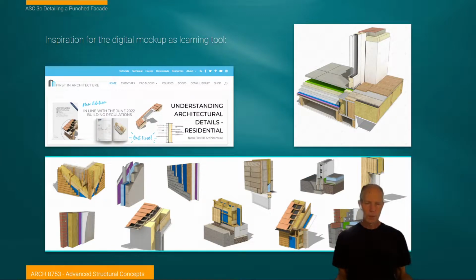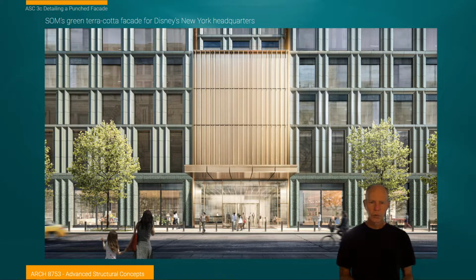Obviously that's not new territory. This is a first in architecture. They provide all kinds of 3D, I think SketchUp-based, architectural detail models that help architects grapple with these complex assembly areas. And I'm just suggesting that we use that same technique.